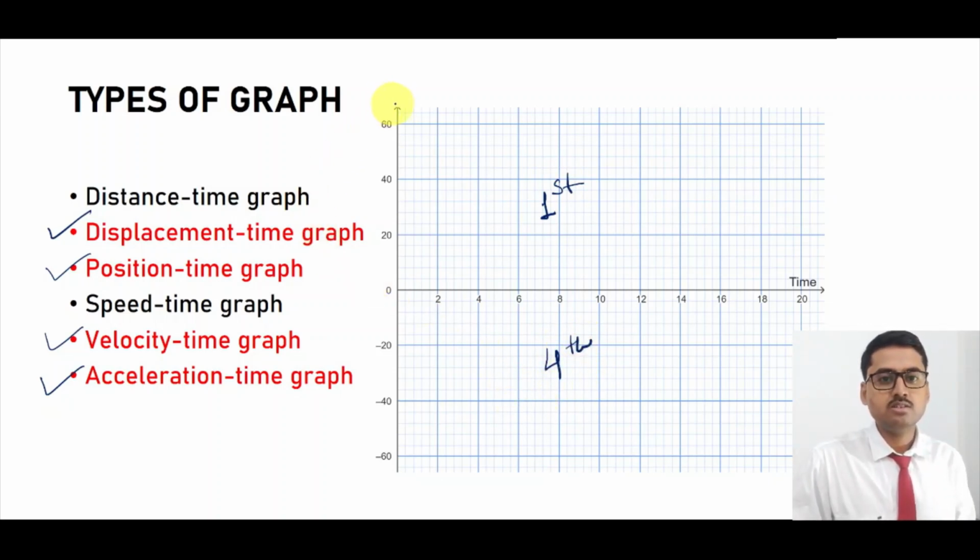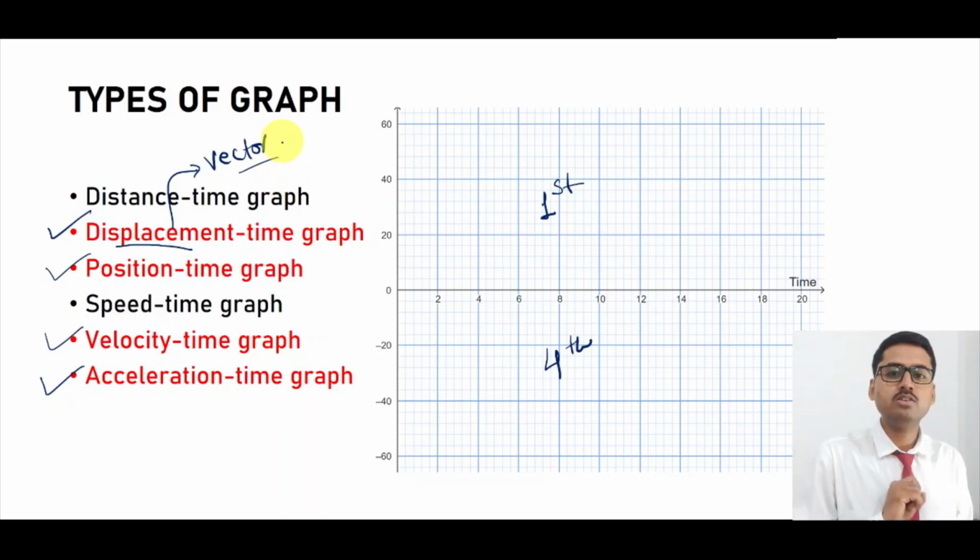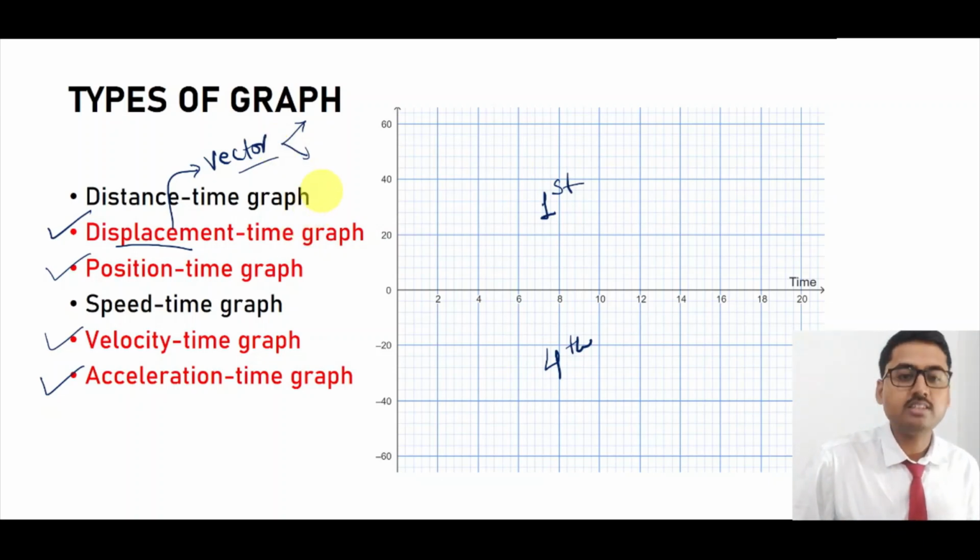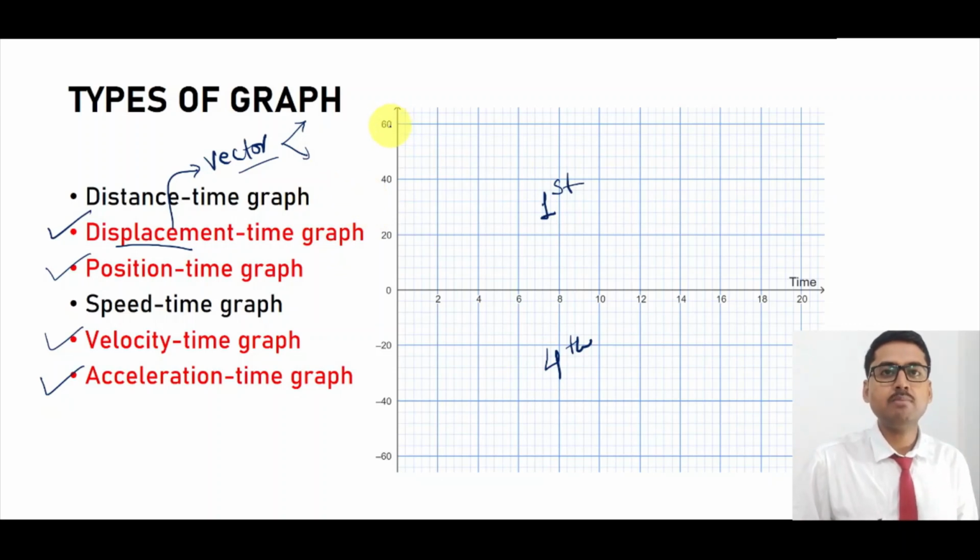Why? Just because, as we know, displacement is a vector quantity. It's a vector quantity, which means that we need both the magnitude and direction in order to represent displacement, which also means that the displacement can be both positive and negative. So when the displacement will be positive, we will need the positive y-axis.